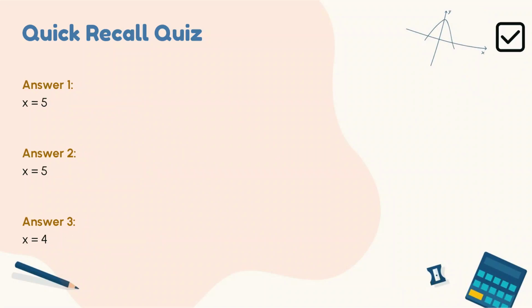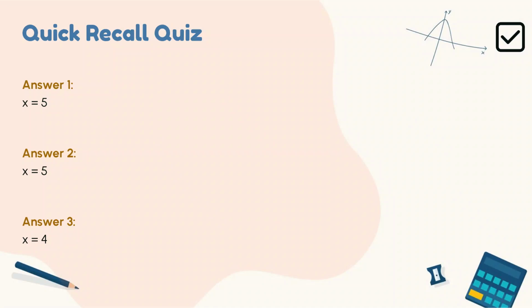Let's check the answers. For question 1, 2x + 5 = 15. Subtract 5 from both sides to get 2x = 10. Divide by 2, so x = 5. For question 2, 4(x - 2) = 12. Expand the bracket to get 4x - 8 = 12.